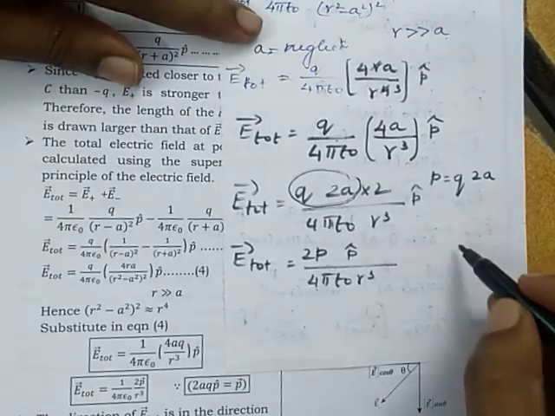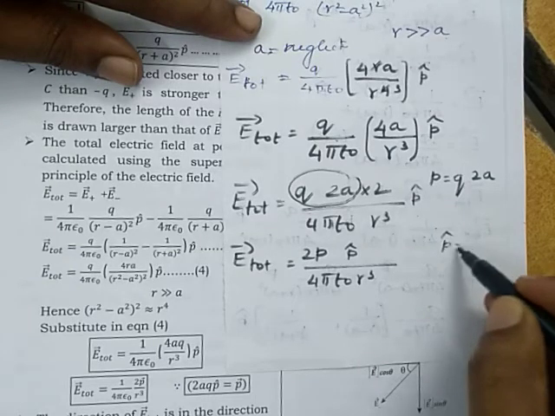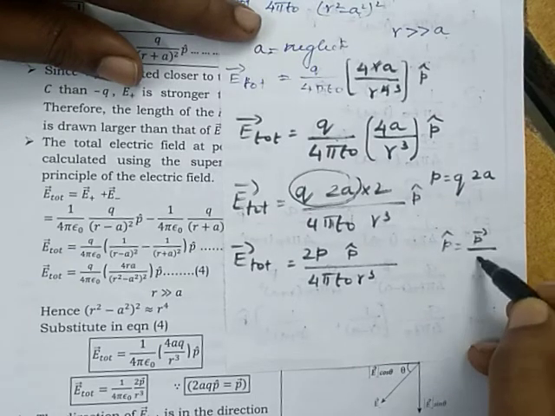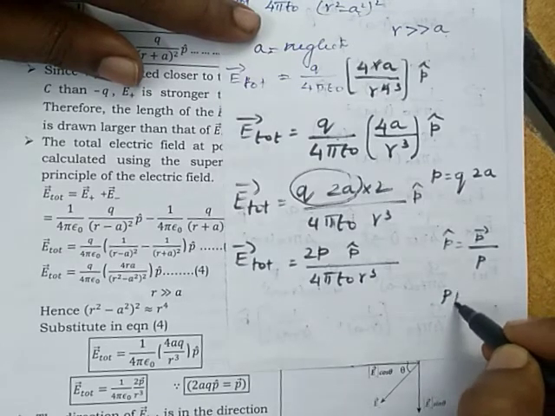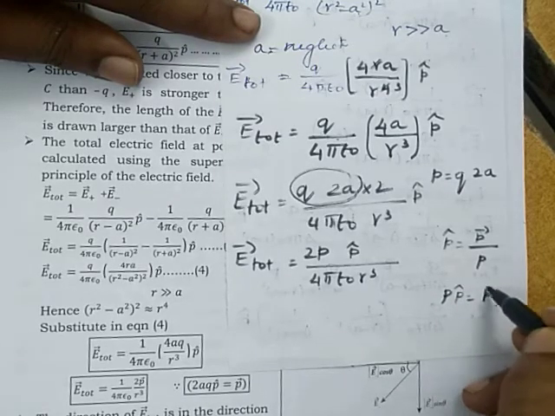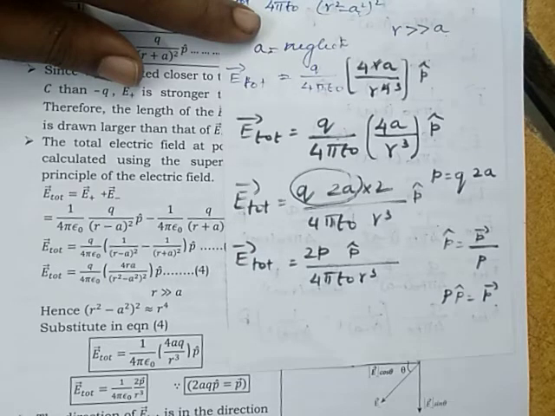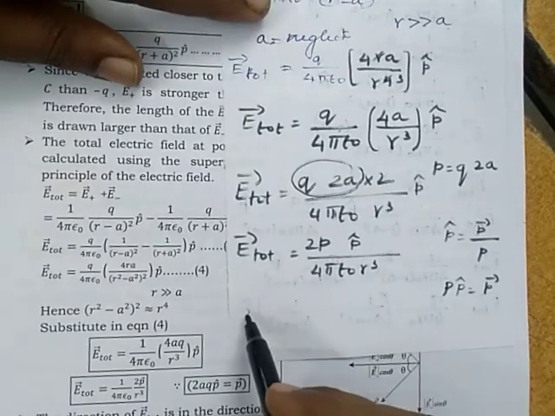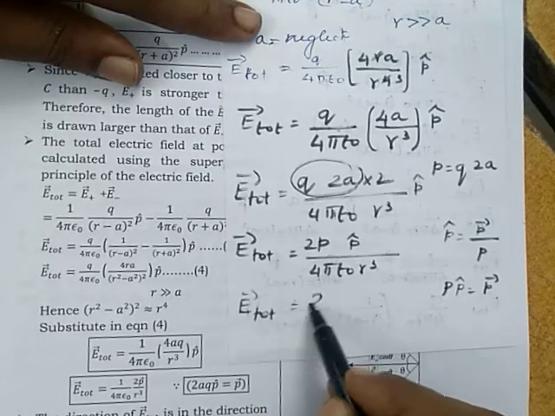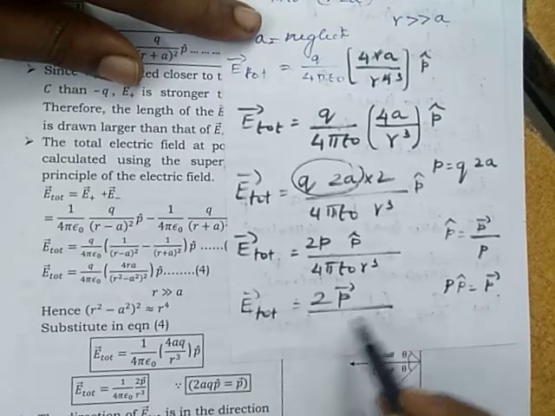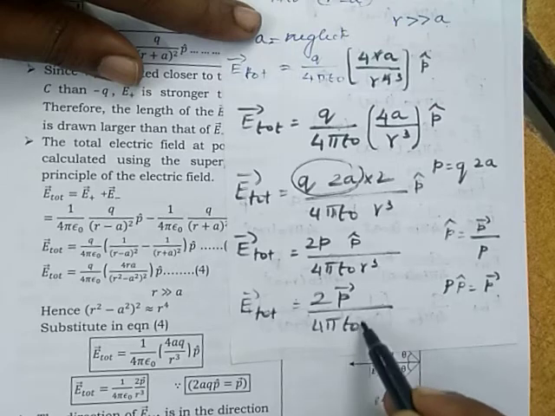We know a unit vector is a vector divided by its magnitude, so p into p cap is equal to p vector. So we can write E total vector is equal to 2 p vector by 4 pi epsilon naught r cube.